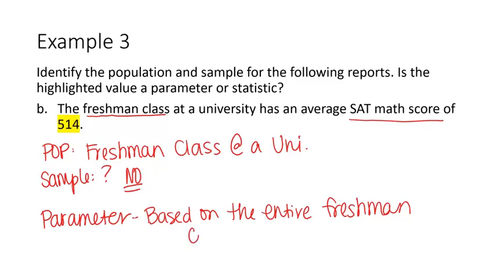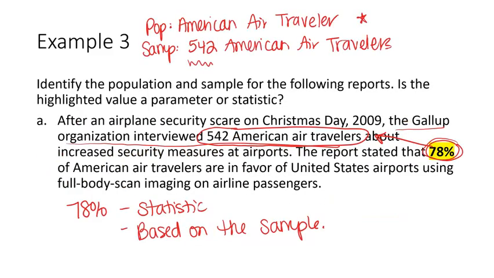Because it's at a university, it would be very easy for them to run some calculations for every single freshman class member. That's why we're able to say it's based on the population. Population goes with parameter. Statistic goes with a sample.